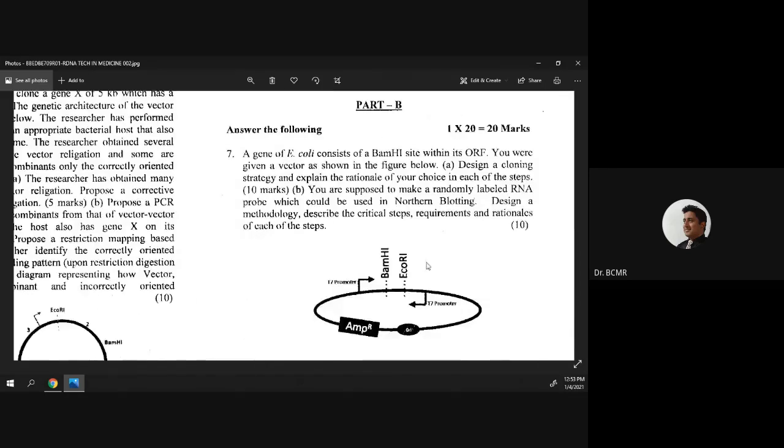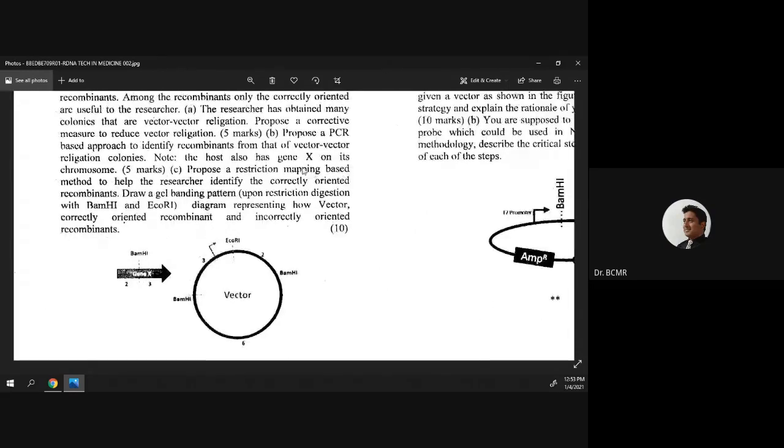Similarly, did you get this also in a CA question paper somewhere? It is about making a probe for northern blotting or southern blotting. Yes, sir, we got it. You have done it as one CA, right? Was this question there anywhere?